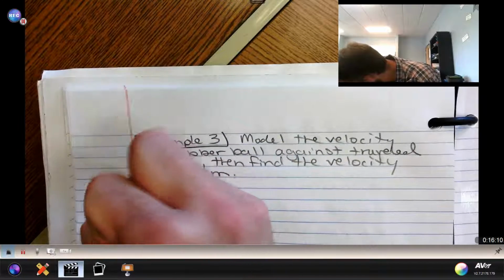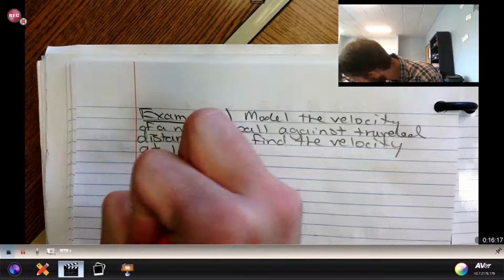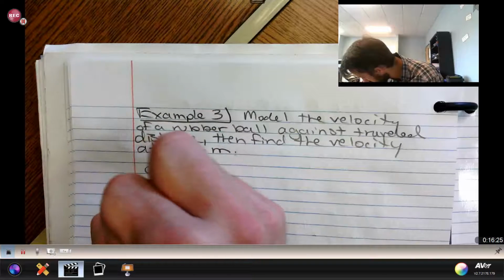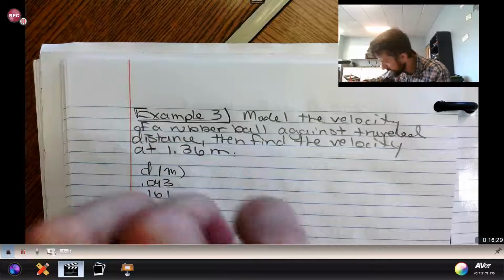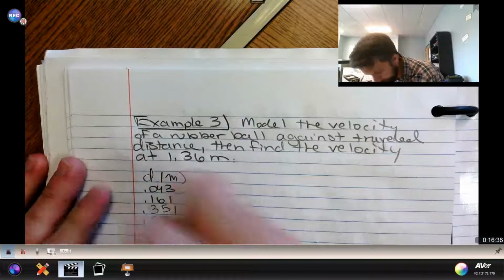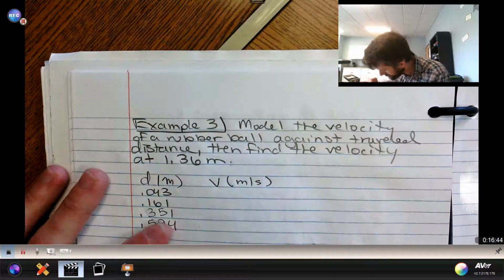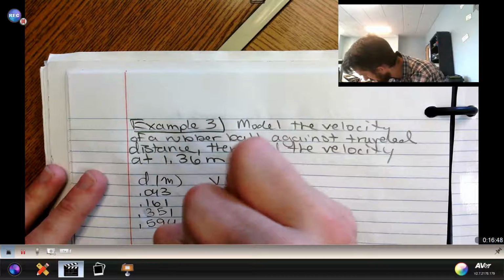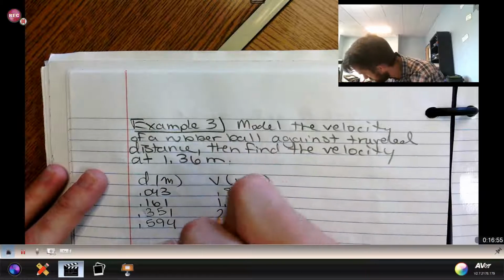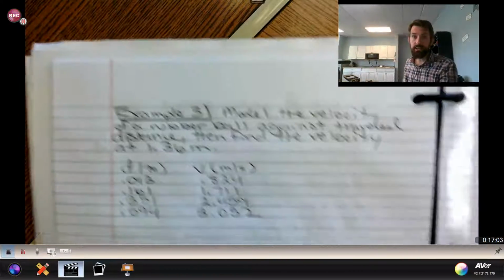If D is our distance, we're going to have 4 distances in meters: 0.043, 0.161, 0.351, 0.594, and then our velocity, which is going to be meters per second: 0.824, 1.711, 2.459, 3.052. So here is our data table.